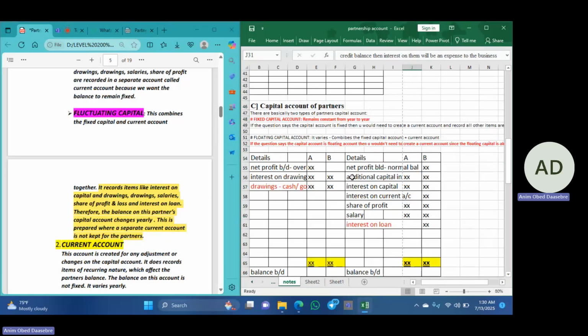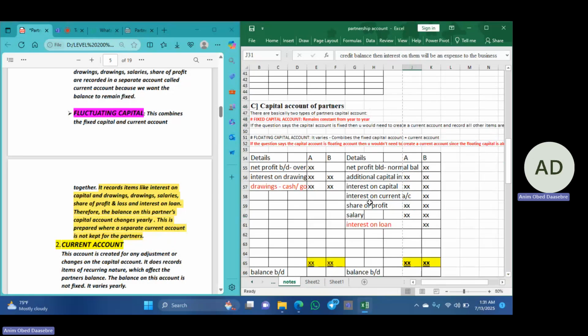Within the fluctuating capital accounts, we have the capital account figure being recorded. That is the net profit brought forward, the normal capital account that will be given to you. You are going to record it over here. Then if there is any additional capital that one of the partners will introduce, you also record it.